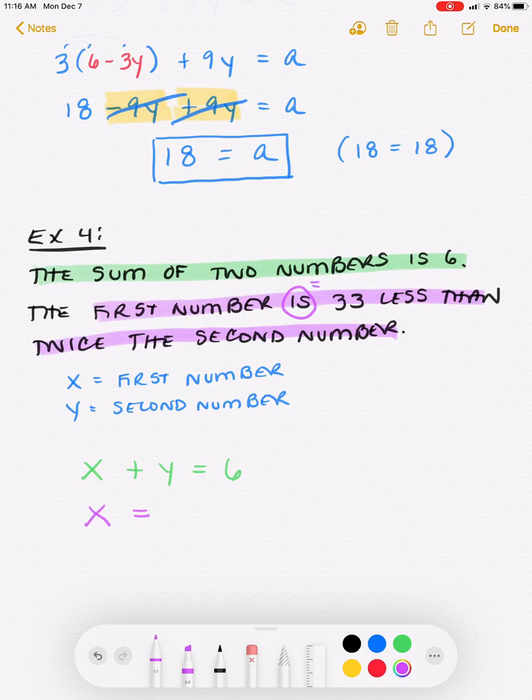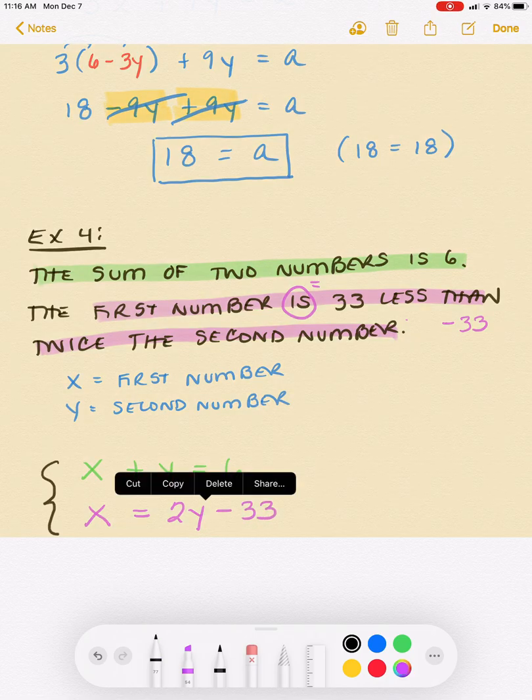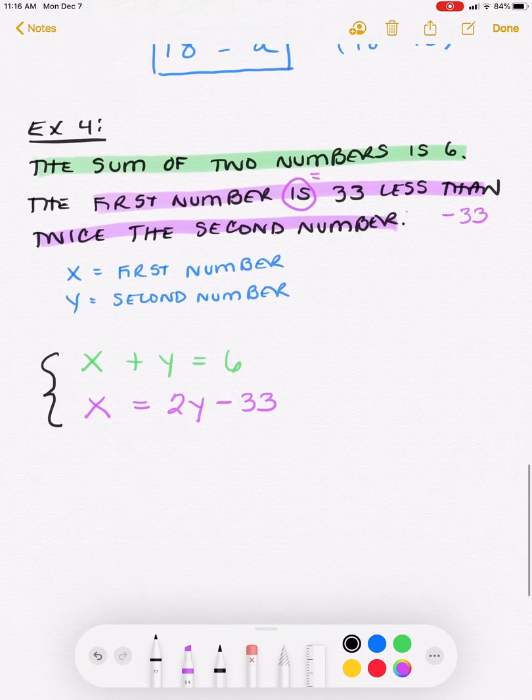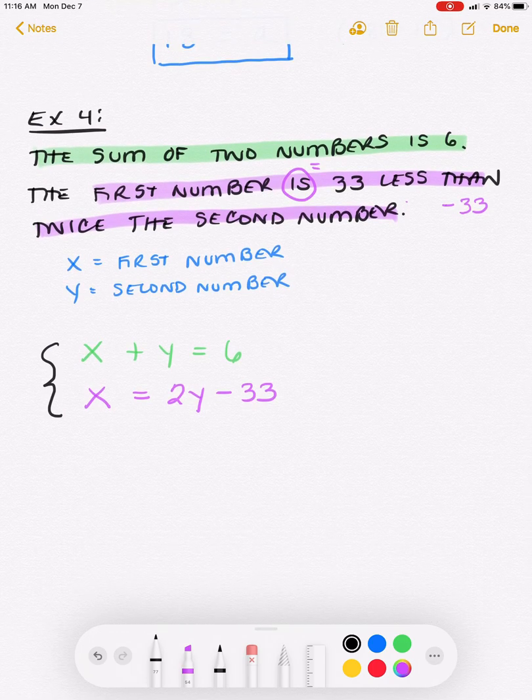So x equals. Now this part's always a little tricky. 33 less than twice the second number. It's the 33 right here that's being subtracted, so we need to write twice the second number and then take away 33. And what we have is a system of equations that we have just written based on that information.